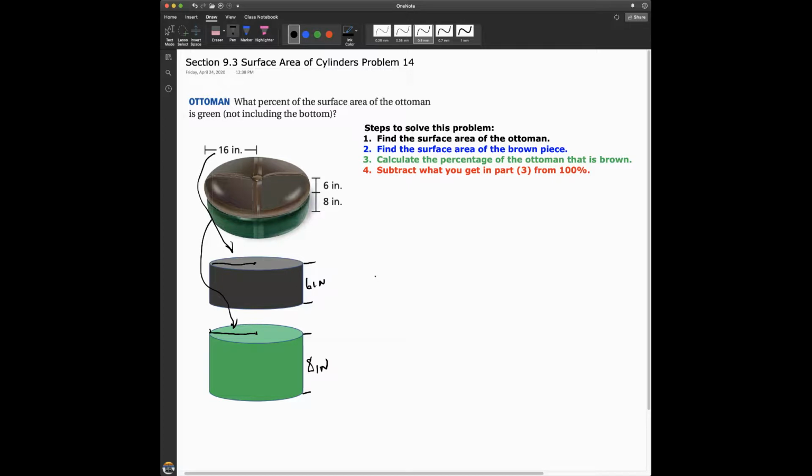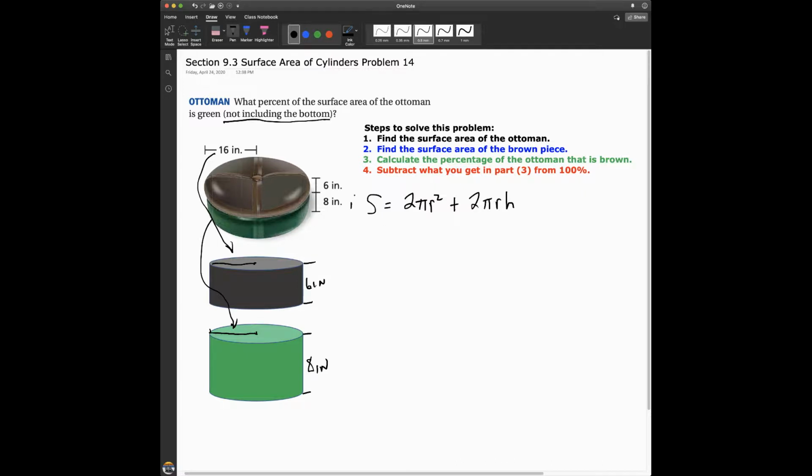I came up with a plan to solve this. The first thing we need to do is find the surface area of the ottoman, not including the bottom. So if I want to find the surface area of a cylinder, I take 2 times pi times the radius squared plus 2 times pi times the radius times the height.